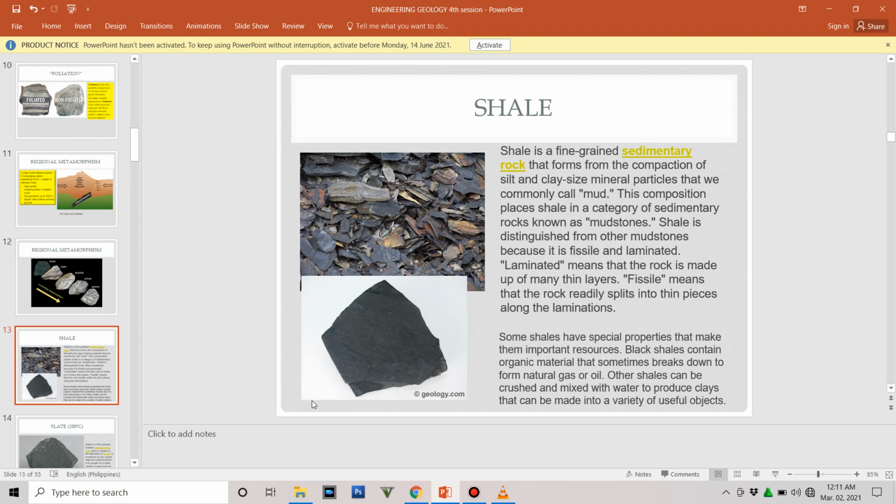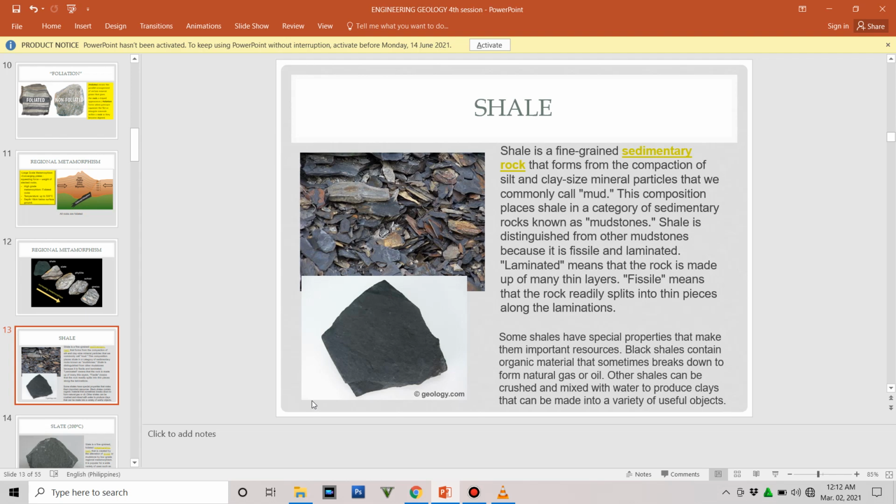So crushing of shale and heating it with limestone makes cement, okay, for the construction industry. So yun. So aside from natural gas, pwede rin siyang maging semento. Pwede siyang gawing brick, tiles, as well as ceramic.